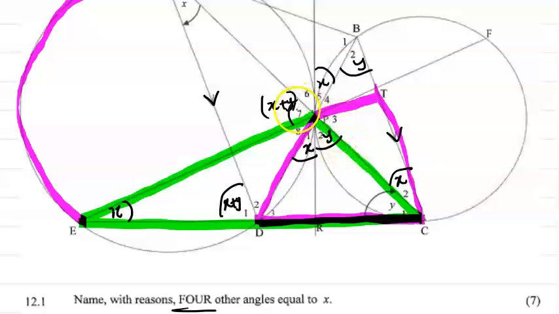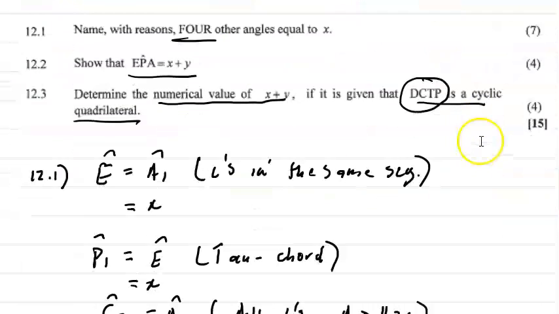If you look here, that's x plus y, vertically opposite angles, x plus y. So P3 and P7 are vertically opposite angles. So now you've got x plus y plus x plus y plus x plus y, all equal to 180 degrees. Opposite angles of the cyclic quad are supplementary. So my first statement will be P3 equals P7 equals x plus y.